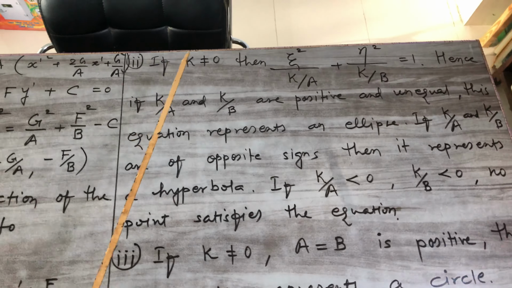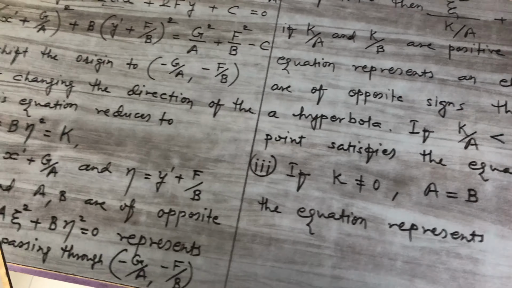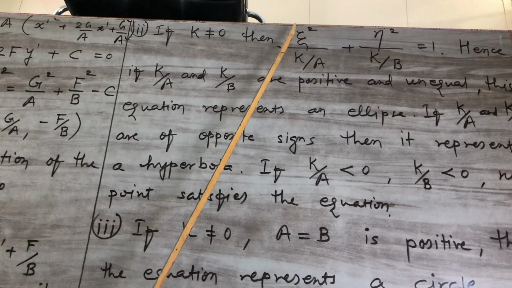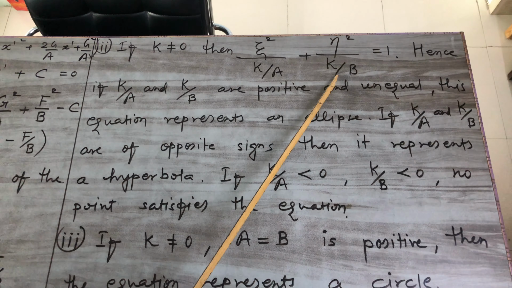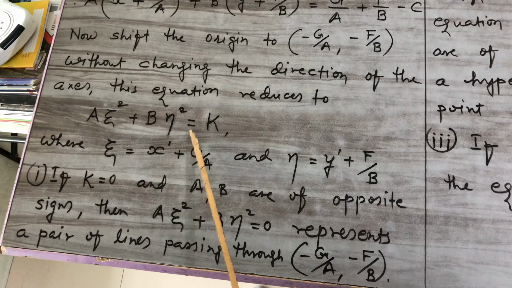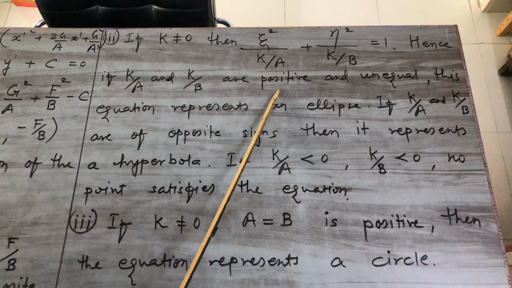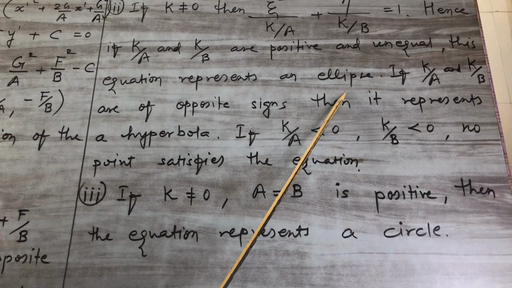And second, if k ≠ 0, then we can write this equation in this form: ε²/(k/a) + η²/(k/b) = 1. Dividing both sides by k and readjusting the terms, we have this. If k/a and k/b are positive and unequal, this equation represents an ellipse.